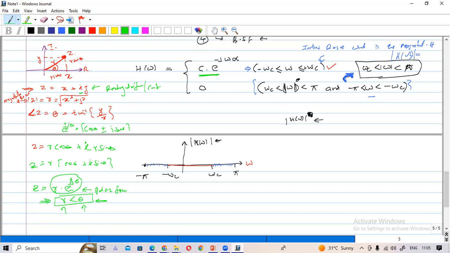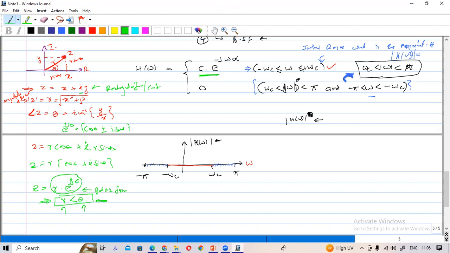Now tell me the magnitude of this. If this is a complex number, what is its magnitude?